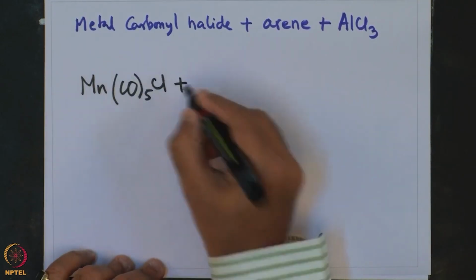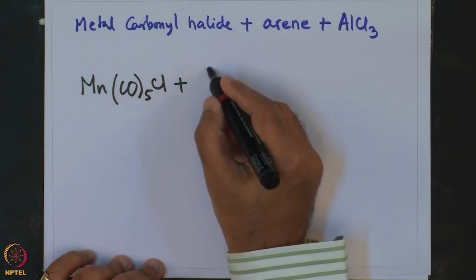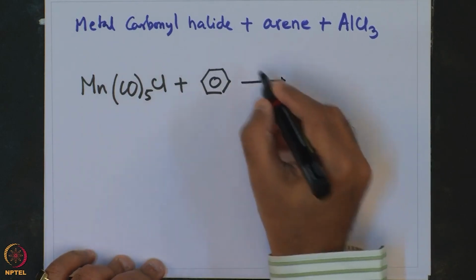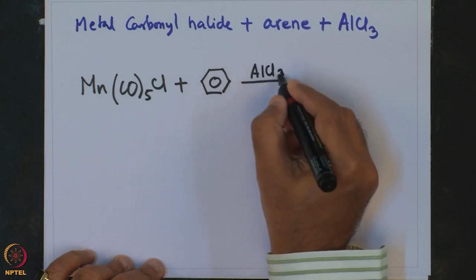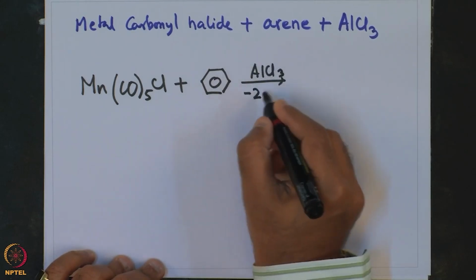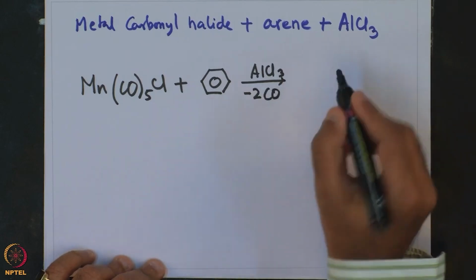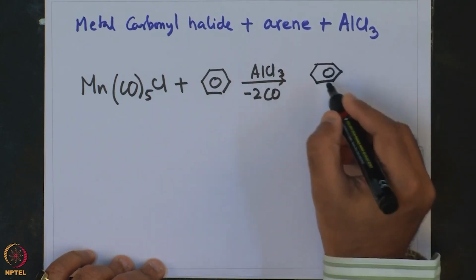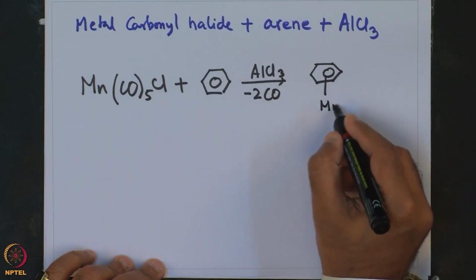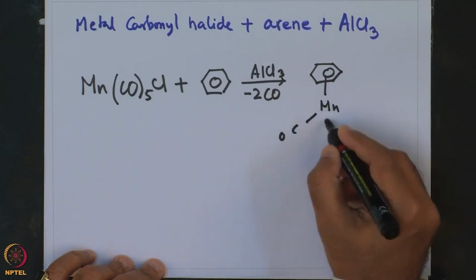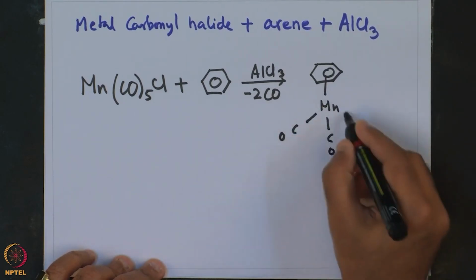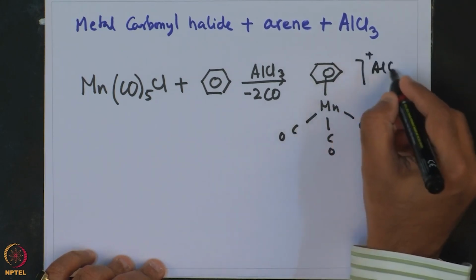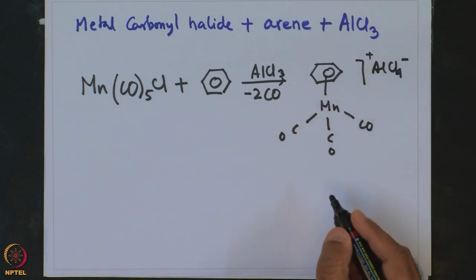Mn(CO)5Cl plus benzene in presence of AlCl3 gives, with loss of 2 carbonyl, this benzene Mn(CO)3 cation and AlCl4 minus anion.